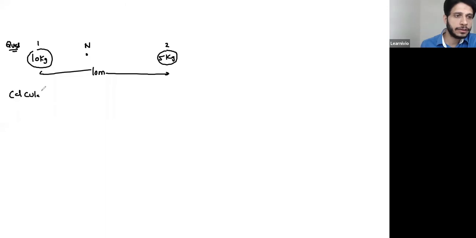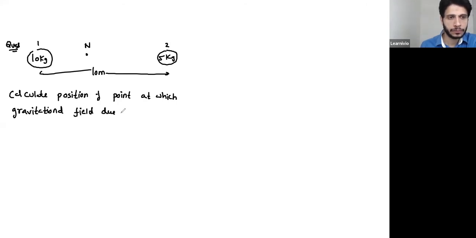So calculate the position of the point at which the gravitational field due to both the masses cancels each other.